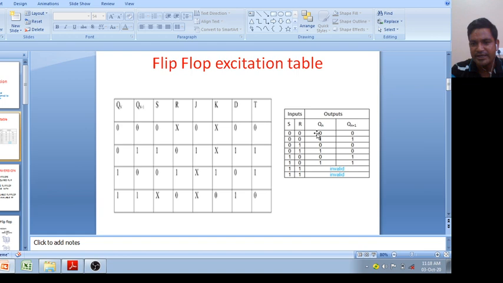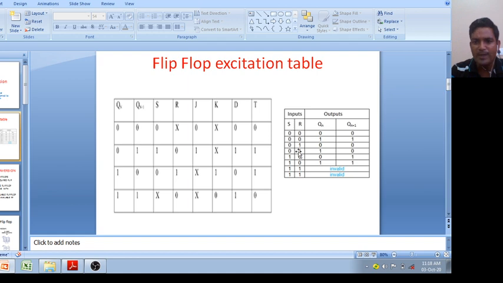When Qn is 0 and Qn plus 1 is 0, there is SR 0 0, and there is one more case, where S equal to 0 and R equal to 1. Now you can see here 0 0 is the same, that's why I am writing 0 here.